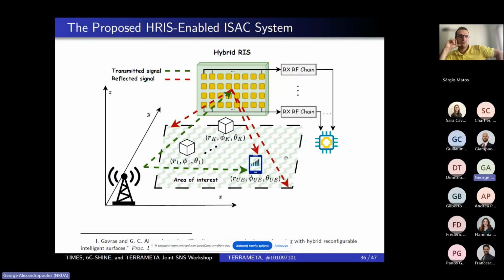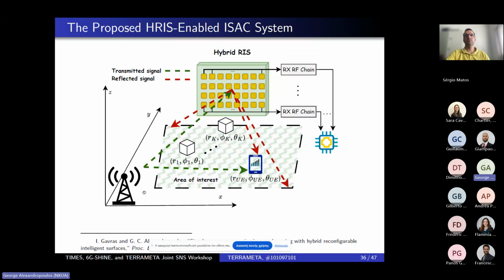Let me present, as the last part, a specific hybrid RIS design to provide simultaneous communication with a UE within the environment, but also localization coverage within an area of influence. So in this system model, there is a base station and a hybrid RIS.